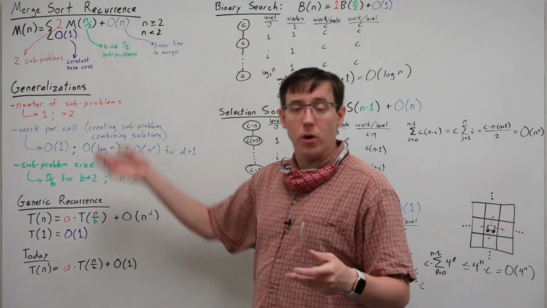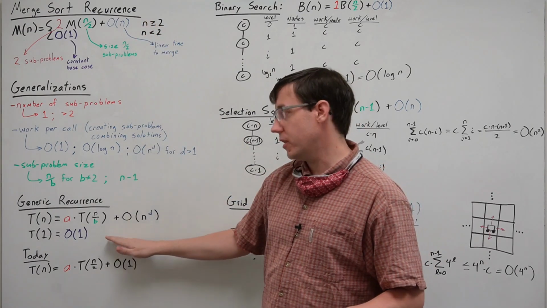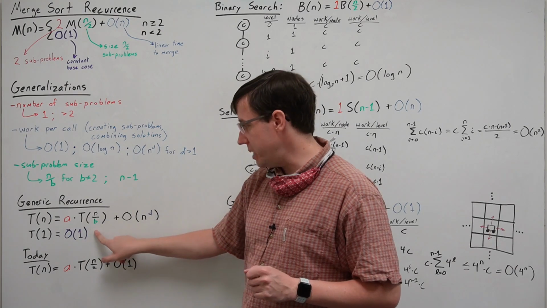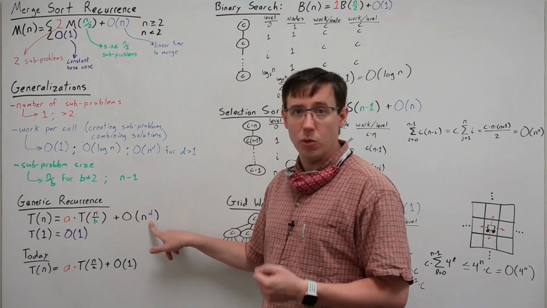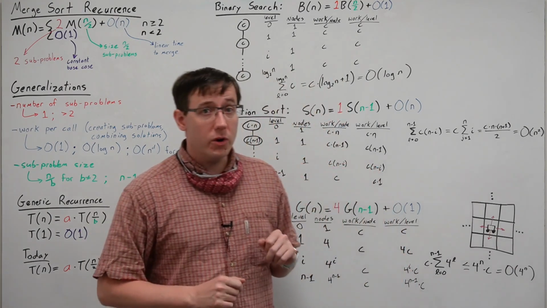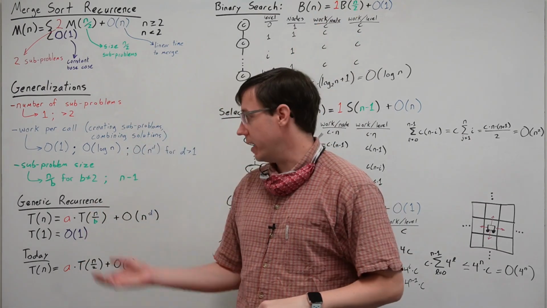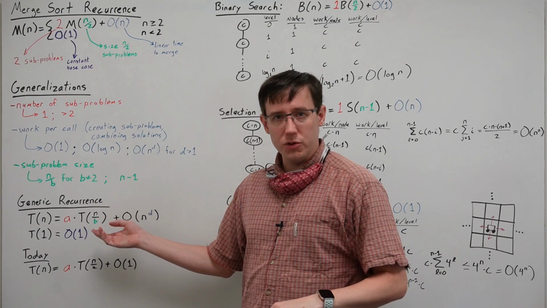Our recurrence for merge sort is an instance of this generic recurrence where a equals 2, b equals 2, and d equals 1. And our recurrence for binary search is an instance when a equals 1, b equals 2, and d equals 0.